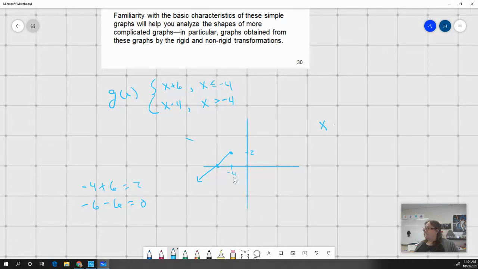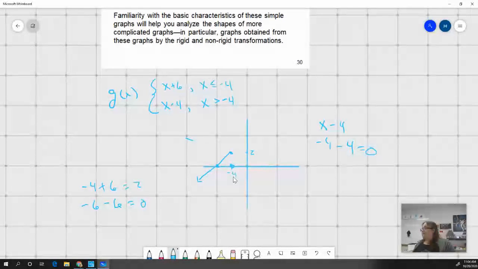So at x minus 4, so at -4 minus 4, I'm going to have 0. So here at -4, I'm going to start another point at 0. It's open. It's not actually equaling that.